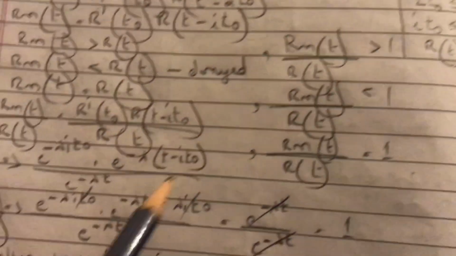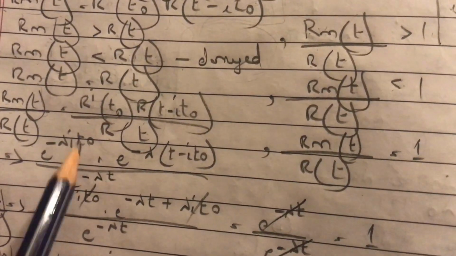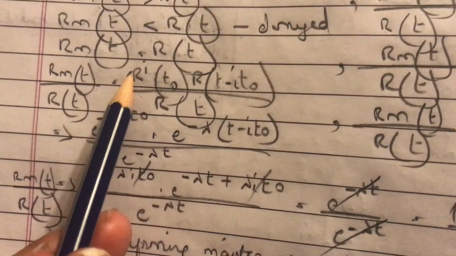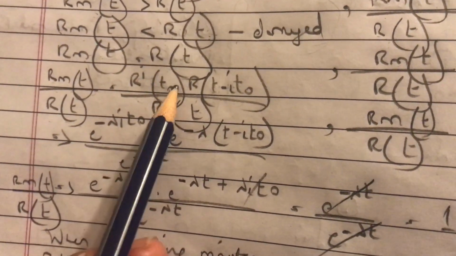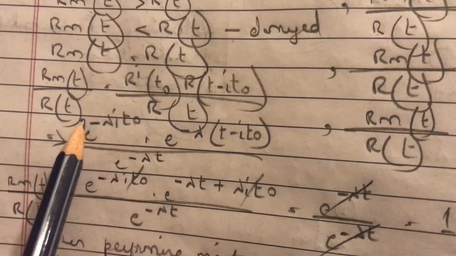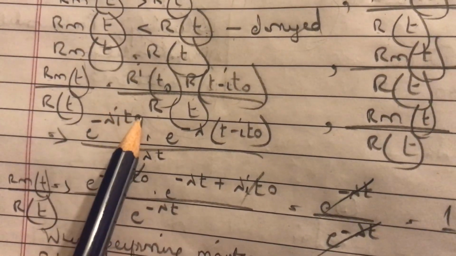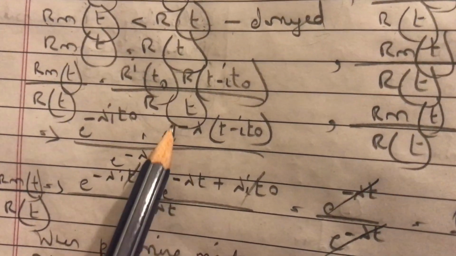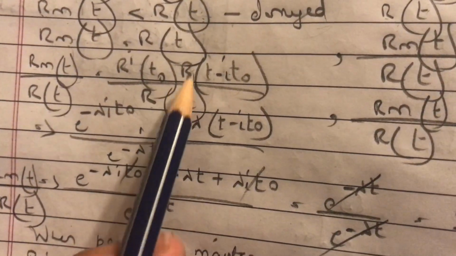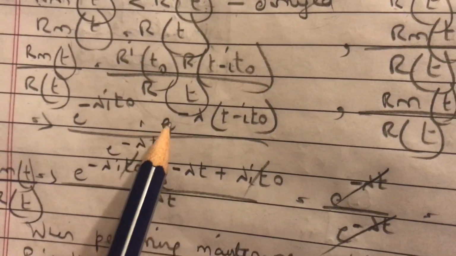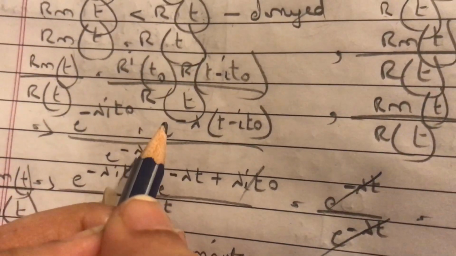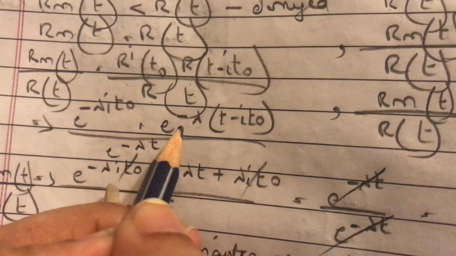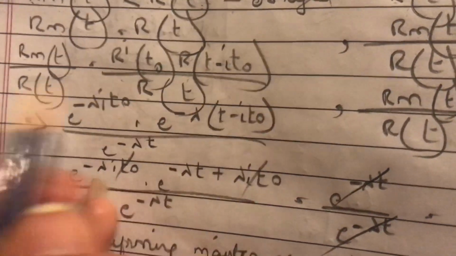So we replace here, in the place of Ri t0, we wrote it as e to the minus lambda i t0, right? And here in the place of R of t minus i t0, we replace it as e to the minus lambda (t minus i t0).